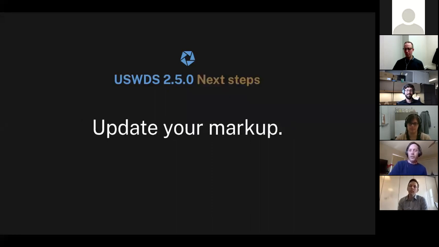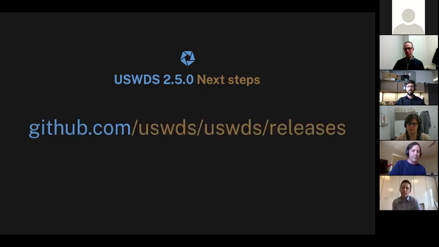So there are a few next steps that are a result of Design System 2.5. If you want to see the accessibility improvements that we are pushing out into our default components, you'll need to update your markup to be in sync with the most recent version of these components. And you can check out our releases pages to see exactly what has changed from version to version on these components.